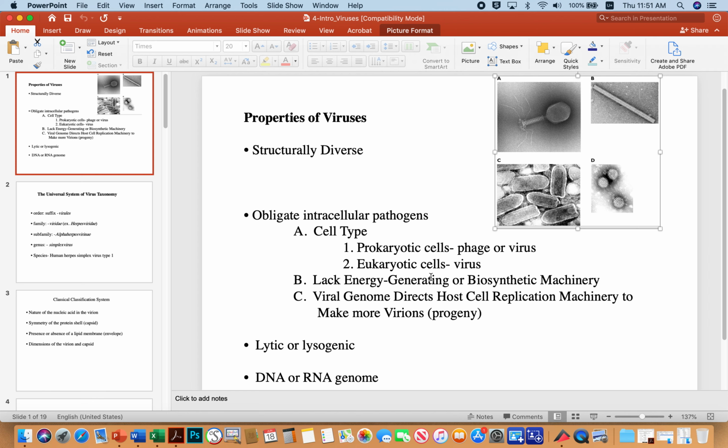They all lack energy generating or biosynthetic machinery, so there's nothing packed in here that would allow this thing to self-replicate. It has to inject its genetic information into a susceptible host cell in order to complete its mission. The viral genome directs host cell replication machinery to make more virions, and that's a general truth.